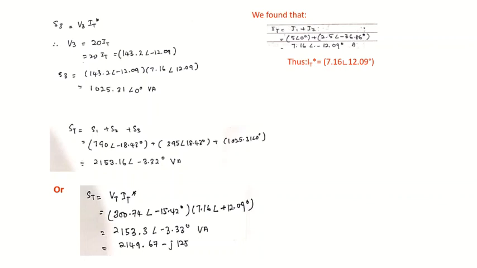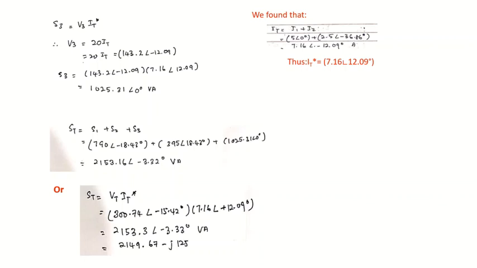So S3, the apparent power at V3, is the multiplication of your V3 times I3 conjugate. So that gives you 1025.31 with 0 degree VA.